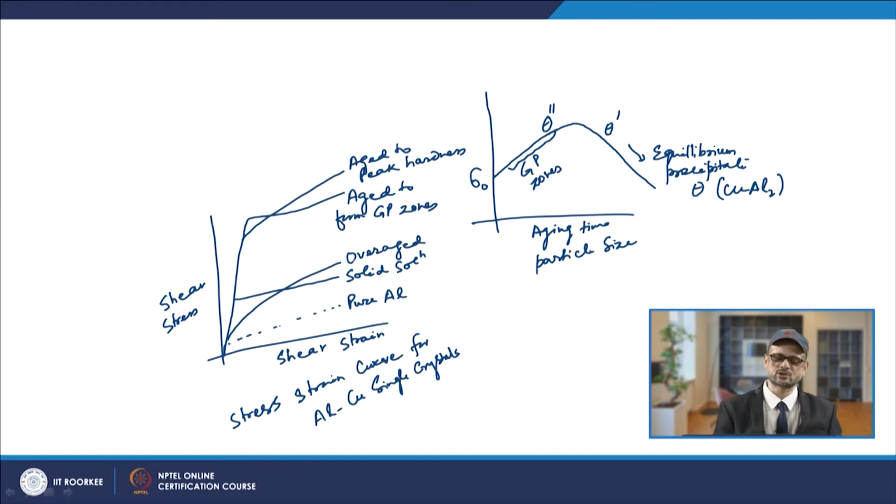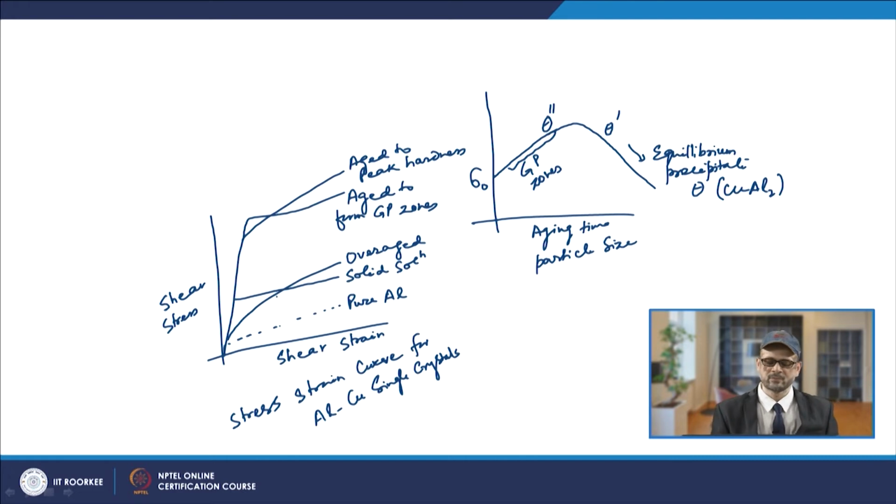Now, in this case, when the copper is in supersaturated solution, the yield stress is increased significantly as compared to pure aluminum. If you look at this graph, this is the pure aluminum curve, and when there is solid solution, you see that the yield stress has increased from this value to this value.